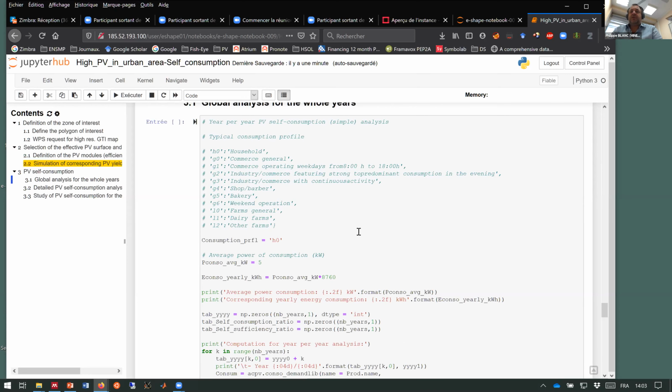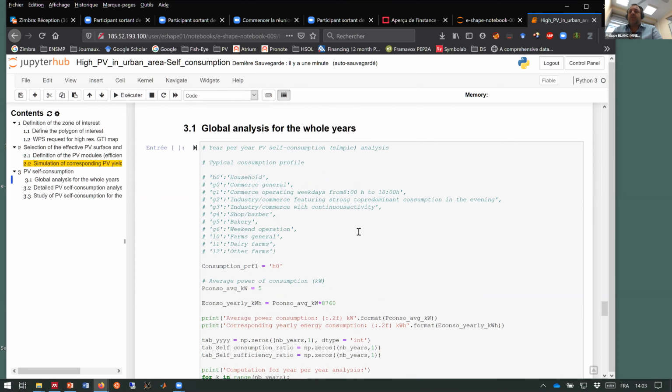So we have used a library, DemandLib, and Romain Bessot has developed a code, thanks to DemandLib, to provide you with the analysis between the PV production and a yearly profile, 15 minutes profiles, for a typical year of electric consumption.